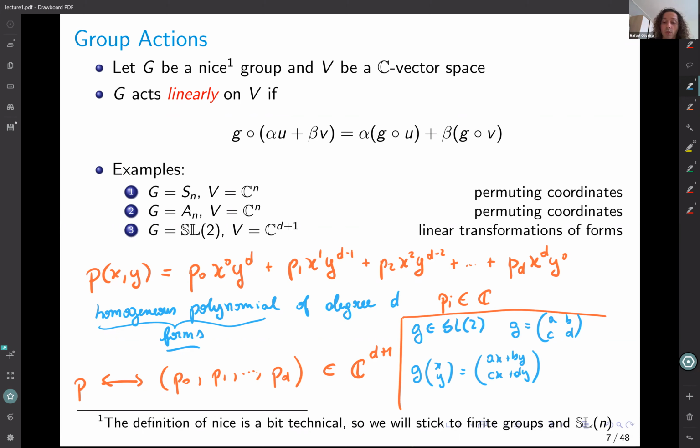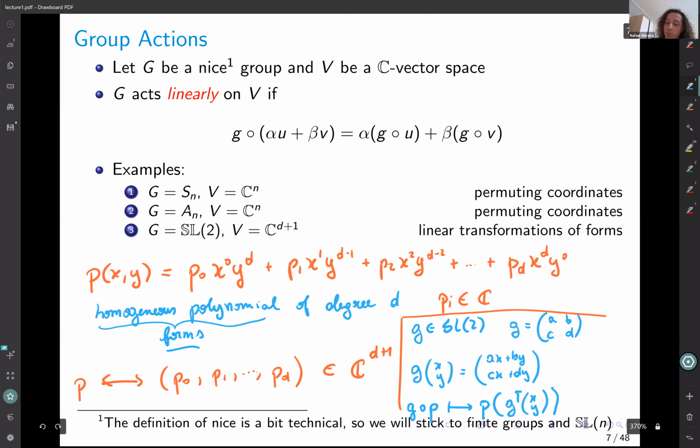Now I'm going to say that G acts on the polynomial P, considered as a vector space, so that the image is exactly P evaluated at G transpose times (x, y).